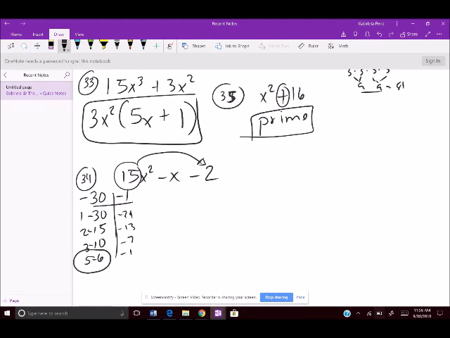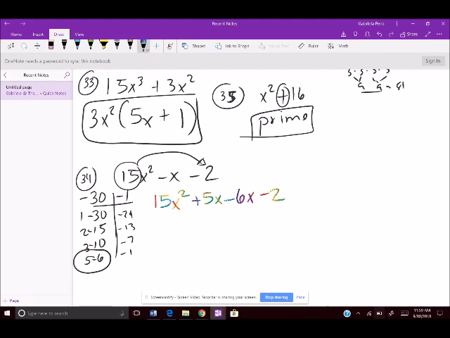So when I write this out, what am I supposed to do? Who do I put down first? 15x squared. And then? Plus 5x minus 6x minus 2.